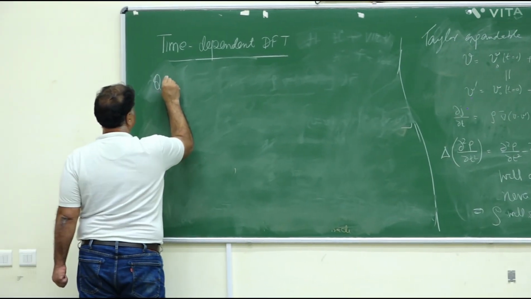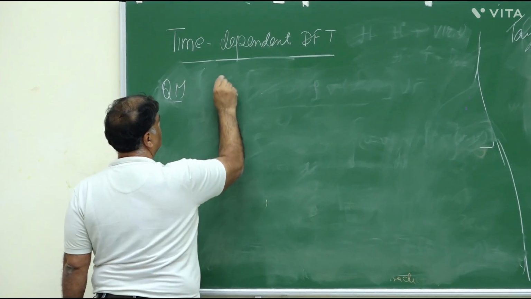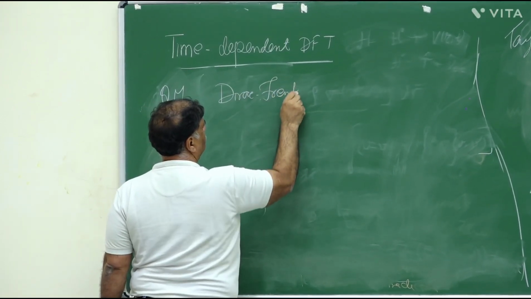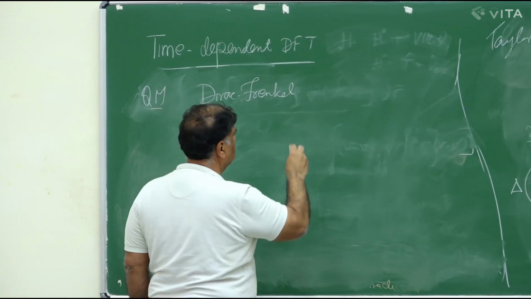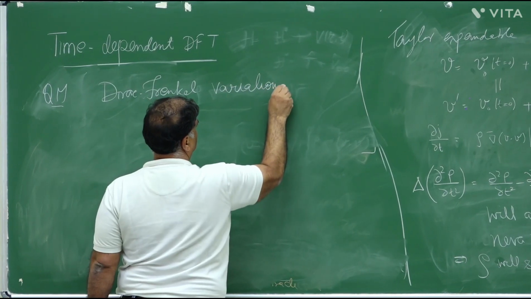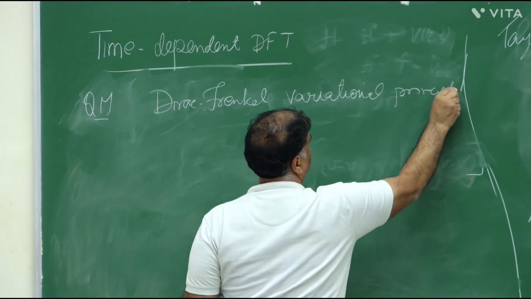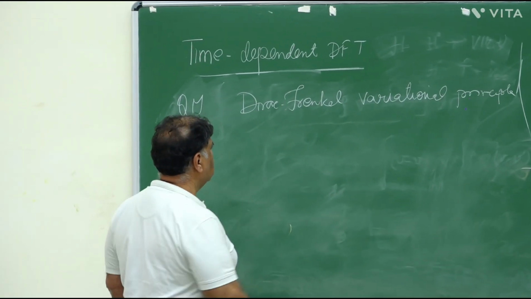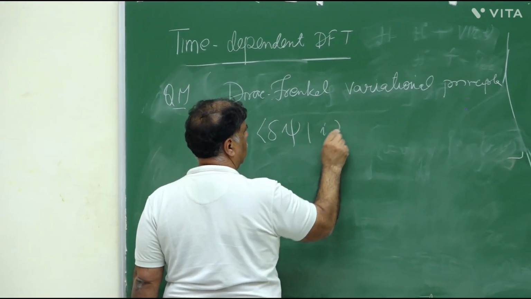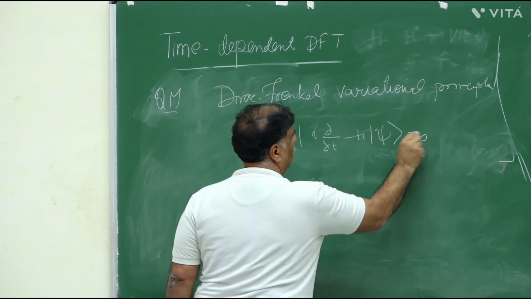In quantum mechanics, for a time-dependent system, there is this principle called the Frenkel variational principle. It says that delta of psi, i d/dt minus H, psi is equal to zero.